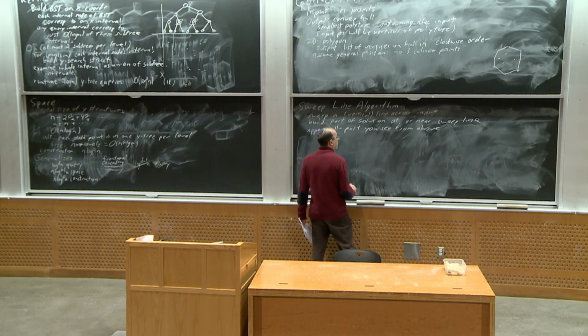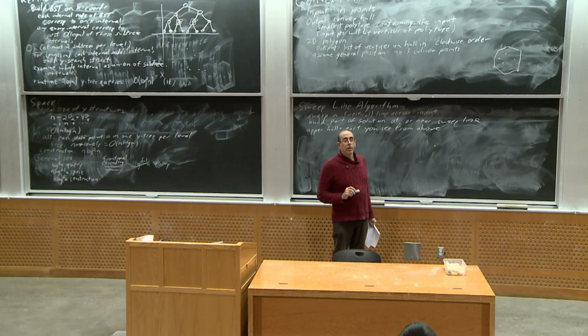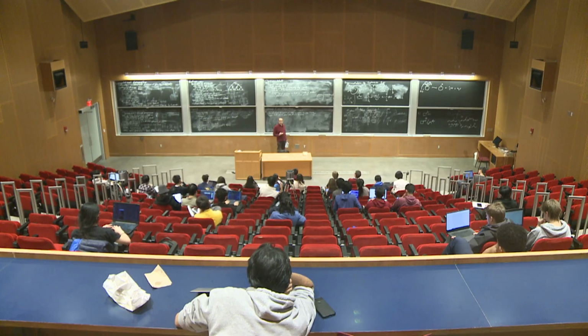So let's think about this upper hull algorithm. So we're going to start sweeping, and we're going to bump into a point. Okay. Is that point on the convex hull? You say yes. How come? Because it was the maximum point. So like if that's somehow in the interior, then there would have had to have been a higher point.